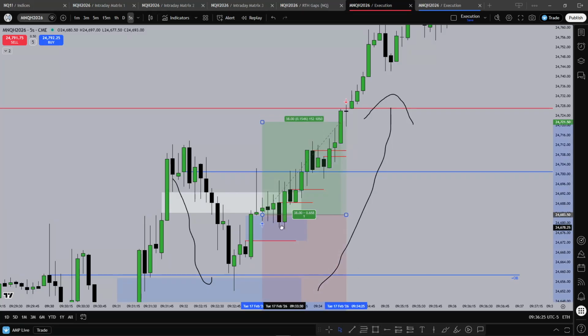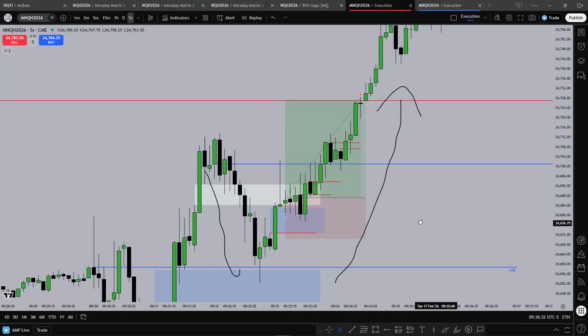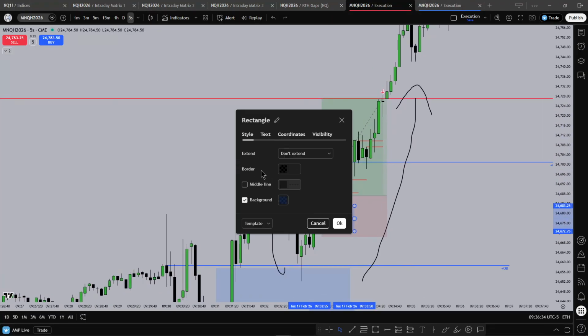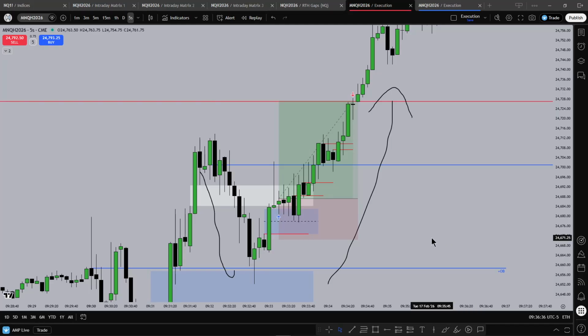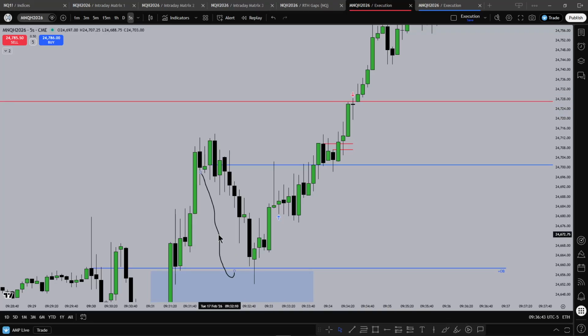Entry on that. Stop under the fair value gap. Target the high. And at that point, every single opposing candle should support price higher. Right. So that's that.